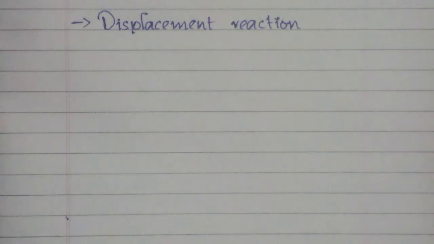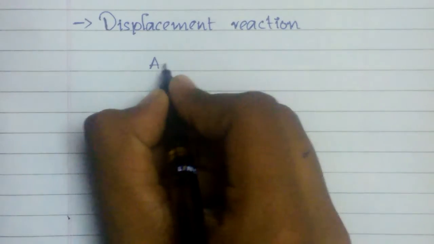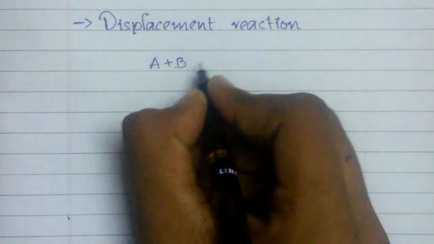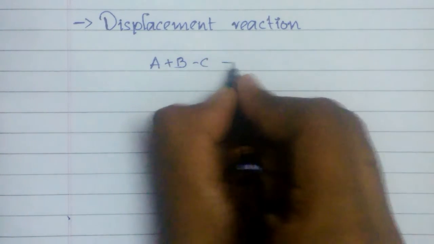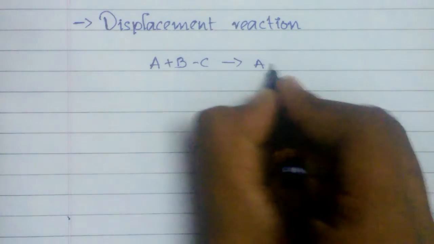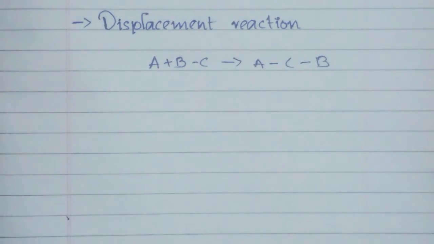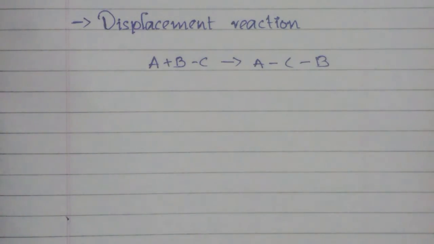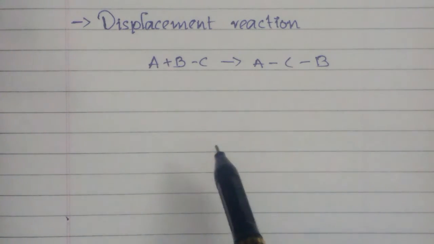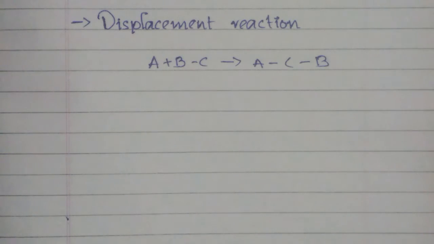It can be represented generically as A plus BC gives AC plus B. And a more reactive metal displaces a less reactive metal and takes its place.